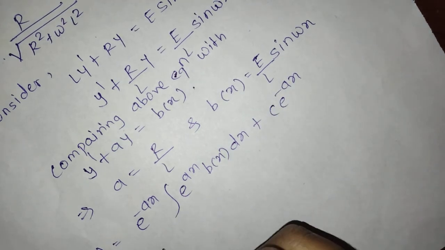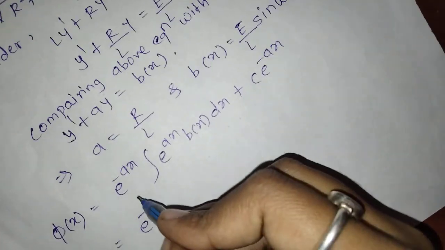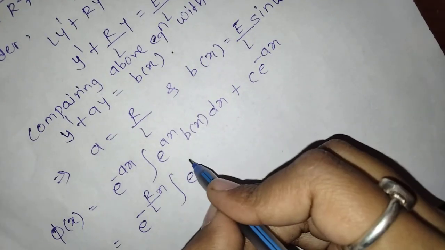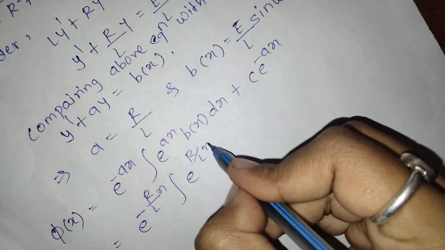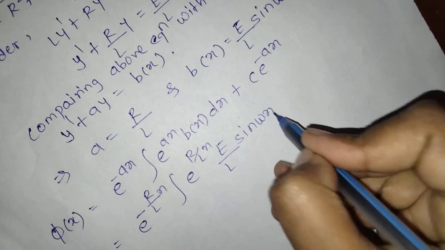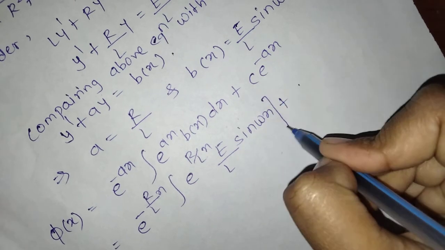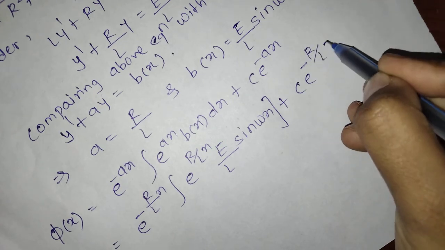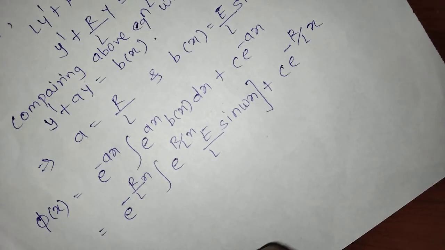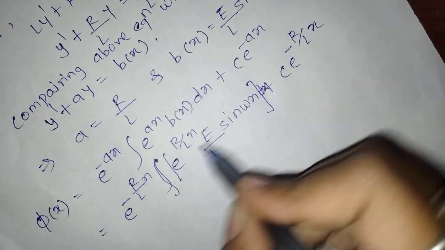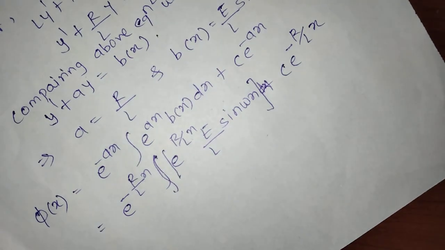So e raised to minus R upon L x into integration of e raised to R upon L x, B of x is E upon L sin Wx, dx, plus c into e raised to minus R upon L x.